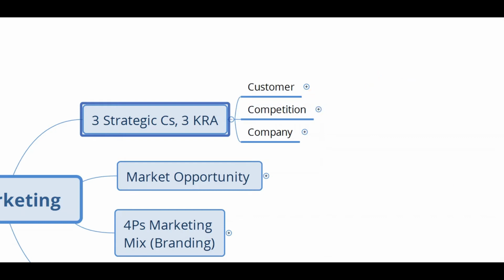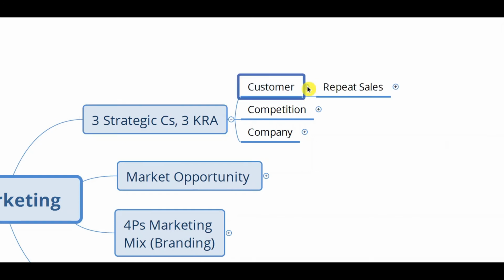How do you know if you're serving your customer well? Well, part of the question in the quiz is if you can get repeat sales. Repeat sales, and not just sales, is the true test of customer satisfaction, because a satisfied customer will purchase again.